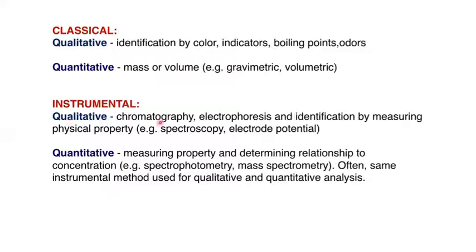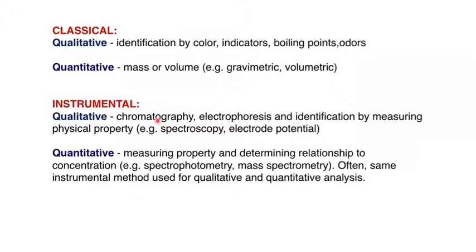Qualitative things like chromatography. This is where we utilize the interactions of our analyte, the species of interest, with the rest of the solvent or whatever, because some species interact more and some interact less. That will change the speed at which they pass through a column in the chromatography.